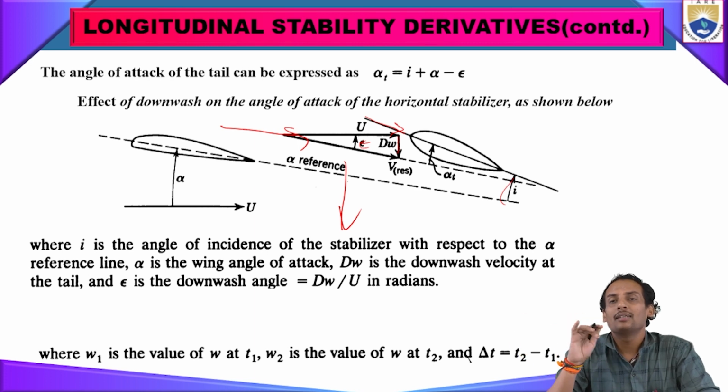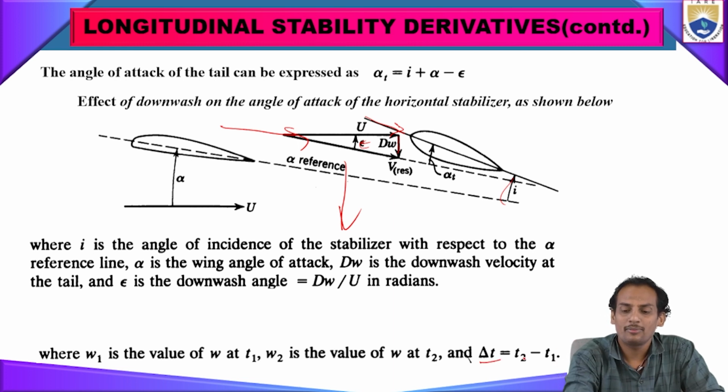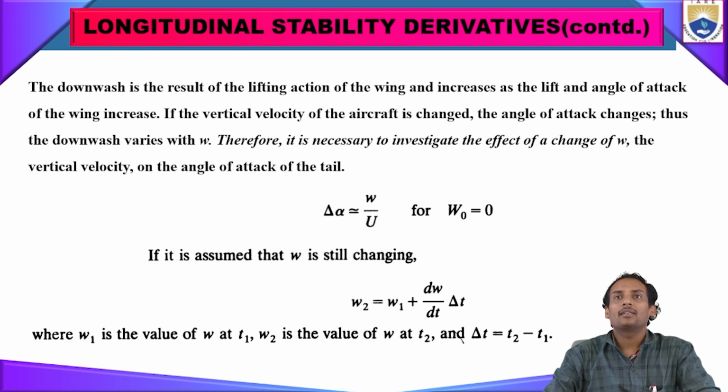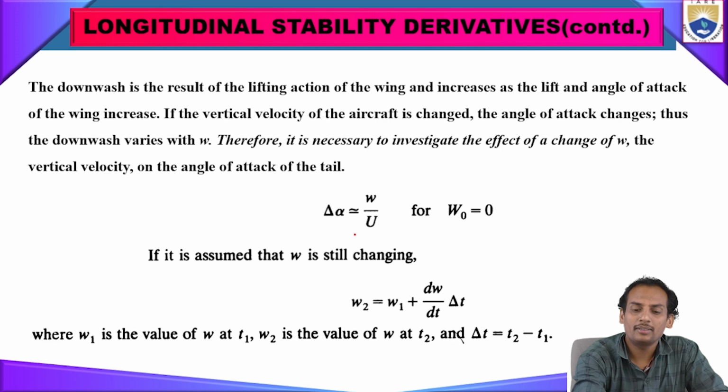With respect to the time change, delta t, from t2 to t1, you can get the values for w. So we can say the effect of the change in w, the vertical velocity, on the angle of attack of the tail can be defined with delta alpha equal to w by u.